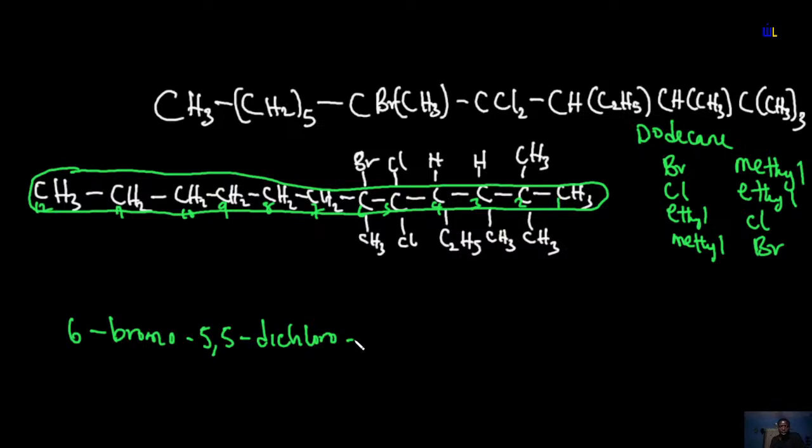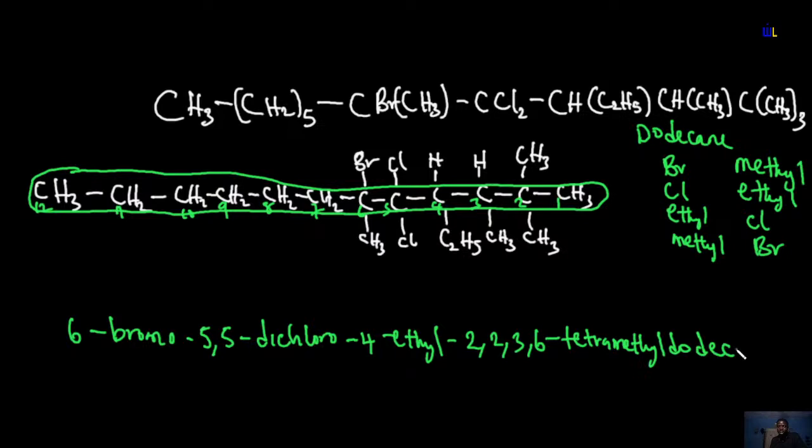Ethyl is on number 4, so 4-ethyl, and that's the only ethyl here. And then we talk about the methyl. Methyl is on number 2, 2, 3, 6. So that's going to be 2,2,3,6, and you have that as tetramethyl. Because that's the last substituent, we now attach our parent's name, dodecane.